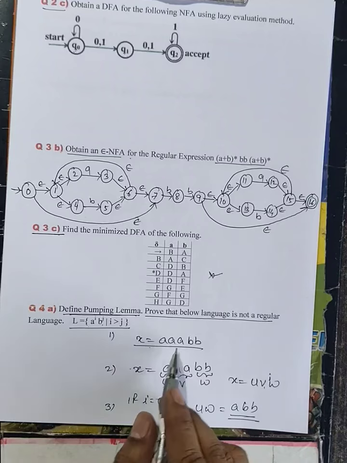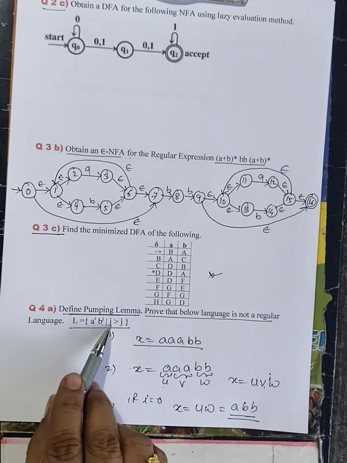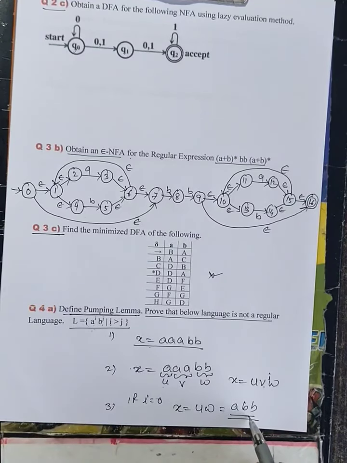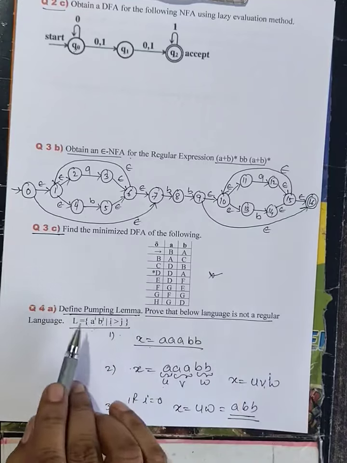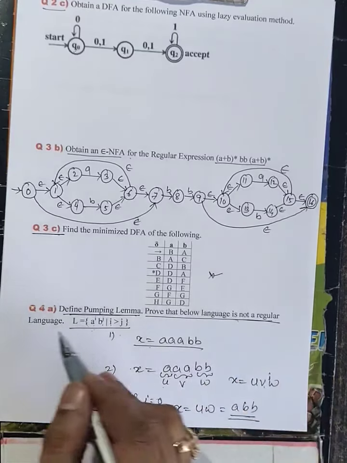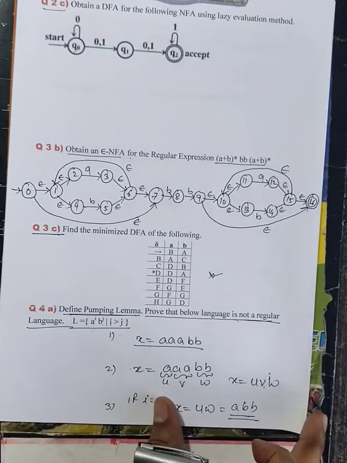Here the condition is violated: a should be greater than b, but here b is greater than a. Using this you can prove the given language is not a regular language.